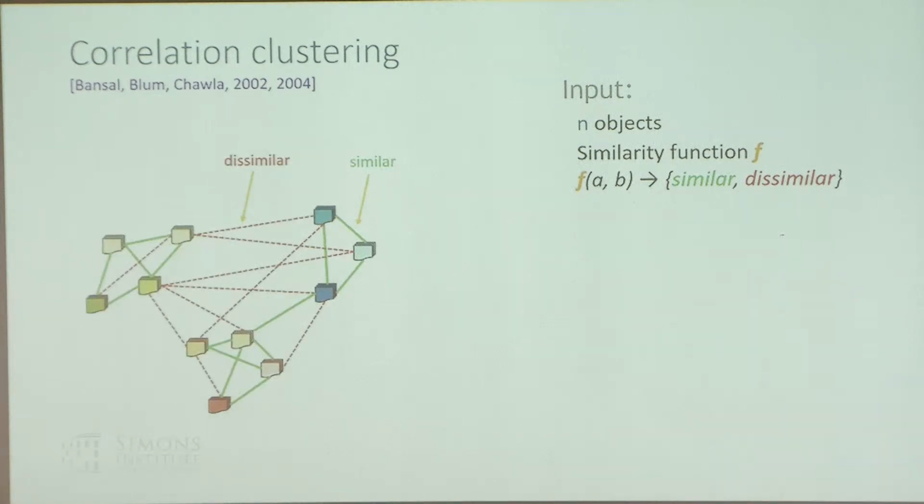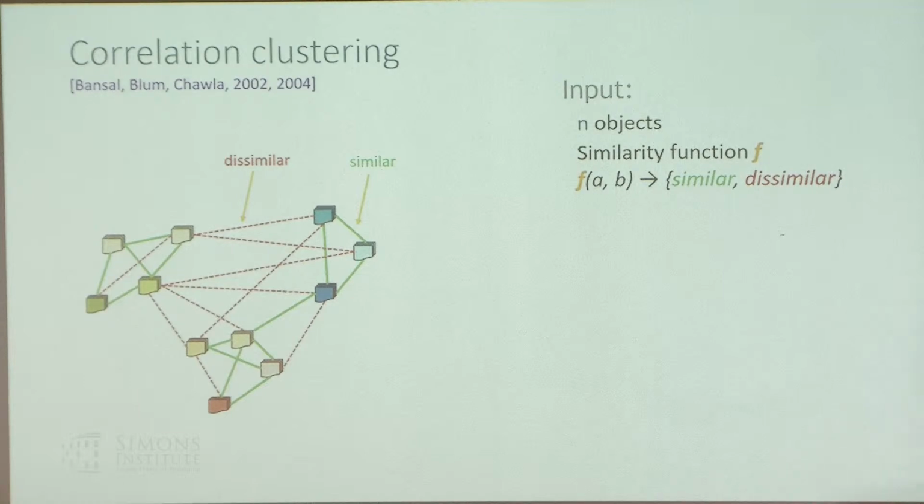If you model this as a graph, then we have these n objects, I guess 11 of them, and whenever there is a solid green edge, these two objects are similar. And for every dashed edge, and also when there is no edge, I didn't want to clutter this graph too much, the two objects are dissimilar.